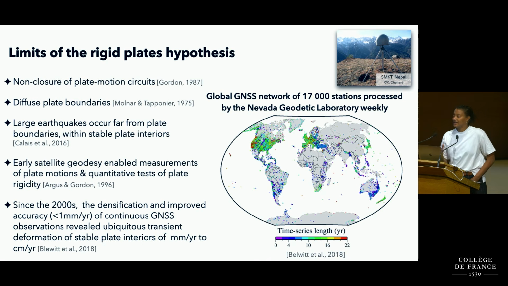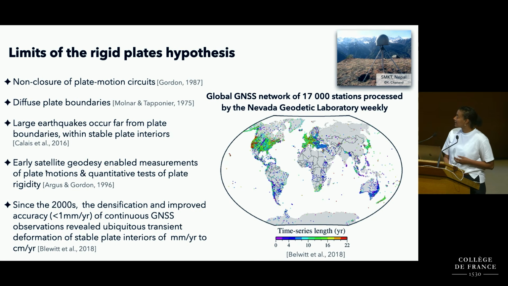But since, I would say, the early 2000s, we have had an explosion of particularly continuous GNSS observations, with a number of stations installed globally. And also we have made major advances in the accuracy of measurements of deformation through GNSS observations. We can now measure deformations all over the world.